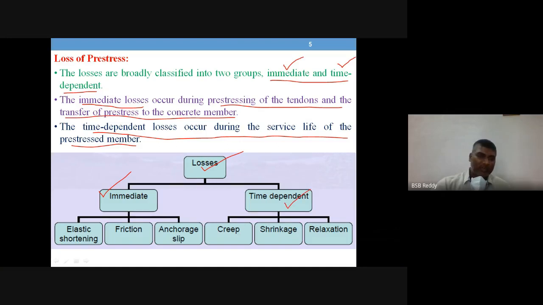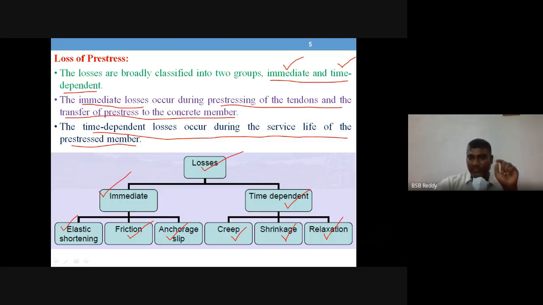Immediate losses are elastic shortening of concrete, friction loss, anchorage slip. These three out of six, you have six losses. Out of six losses, three are immediate and three are time dependent. Creep is time dependent, shrinkage is time dependent, relaxation of steel is time dependent. Creep of concrete, time dependent. Shrinkage of concrete, time dependent.